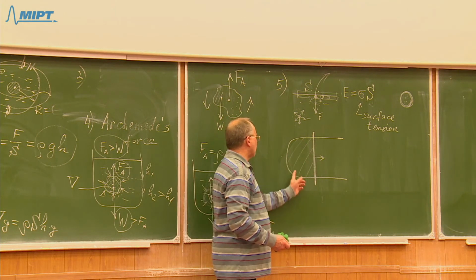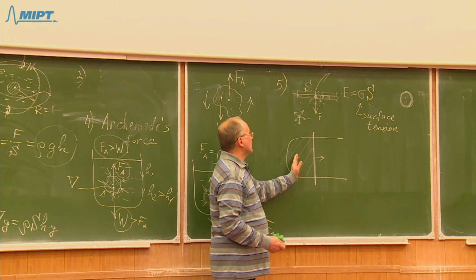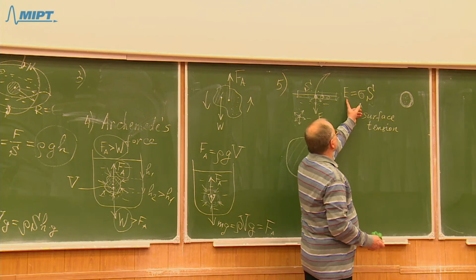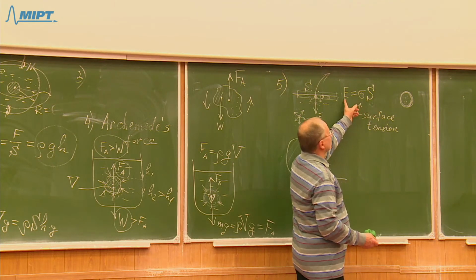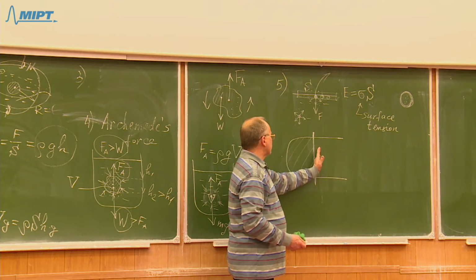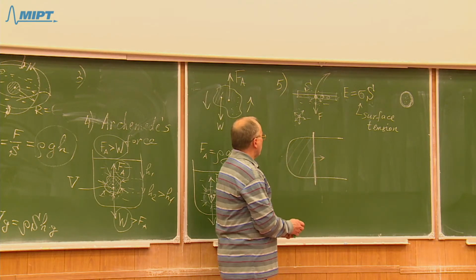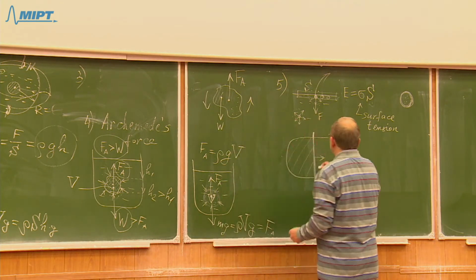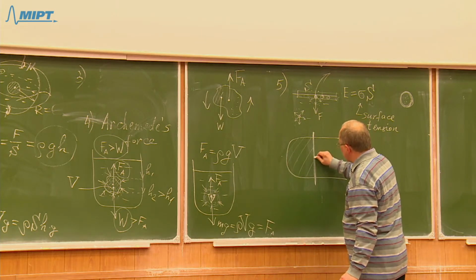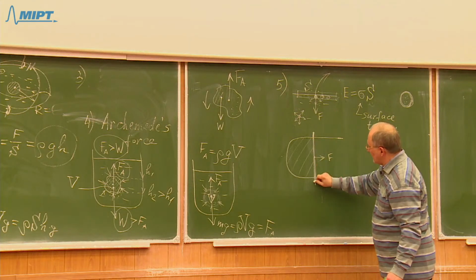The area of this film wants to become smaller, because the smaller the area, the smaller will be the potential energy of the surface. And so due to this phenomenon, the jumper will tend to move to the left. And in order not to allow it to move to the left, we must apply some force to keep it in place.